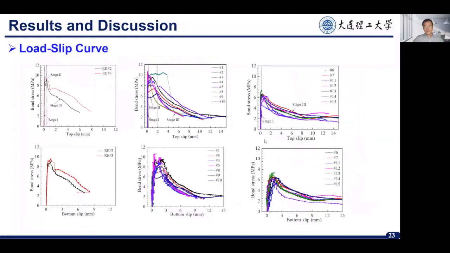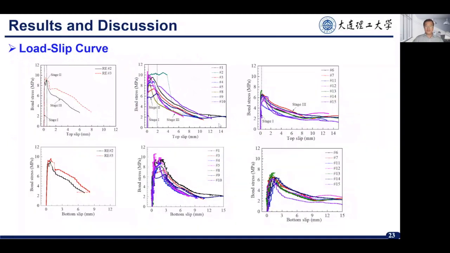This slide shows the load slip curves for uncorroded specimens and 15 corroded specimens. These two are for the top slip, and this is the bottom slip. We can see here for uncorroded specimens, there are three obvious stages observed in the load slip curve: stage 1, stage 2, and stage 3.